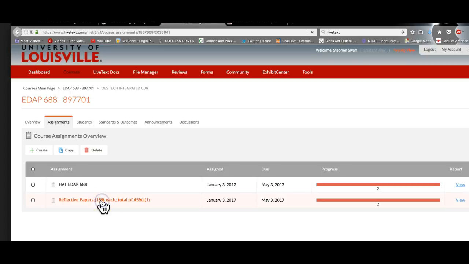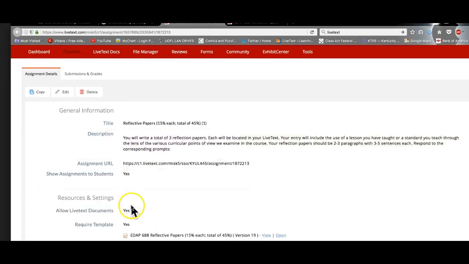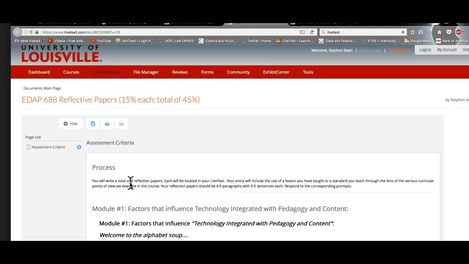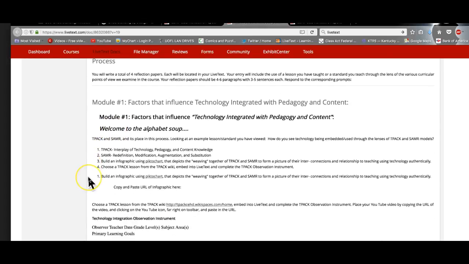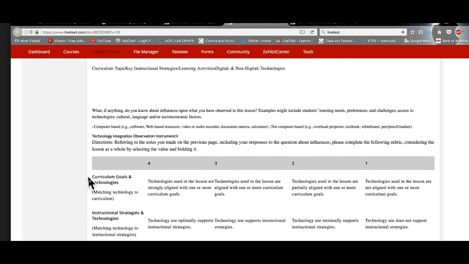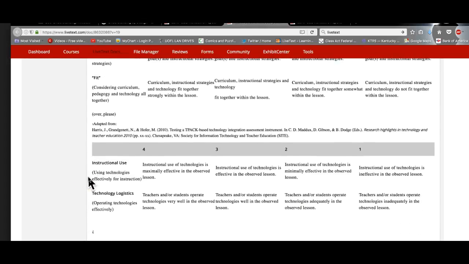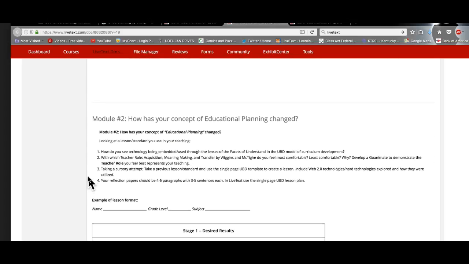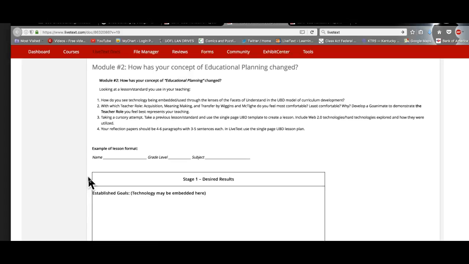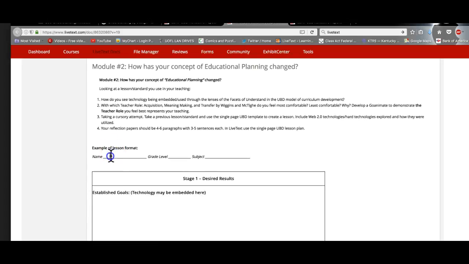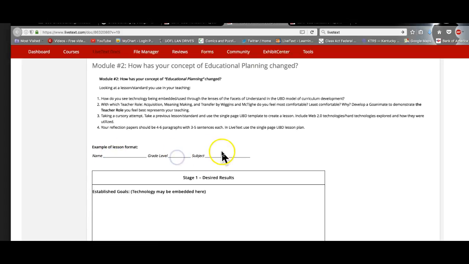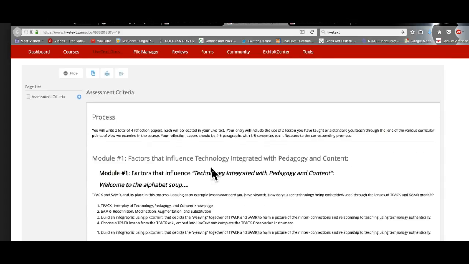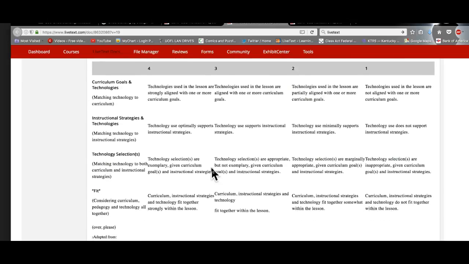And when you click on that link and you go actually into the template, as you can see, it's broken down into each module. So here was module 1, and now we're to module 2. And as you can see here in module 2, you have the ability to write directly into this, but make sure you turn on your edit button so you can save what you've created.